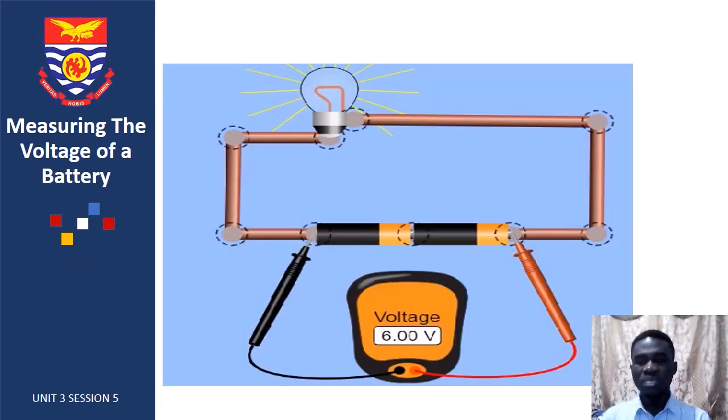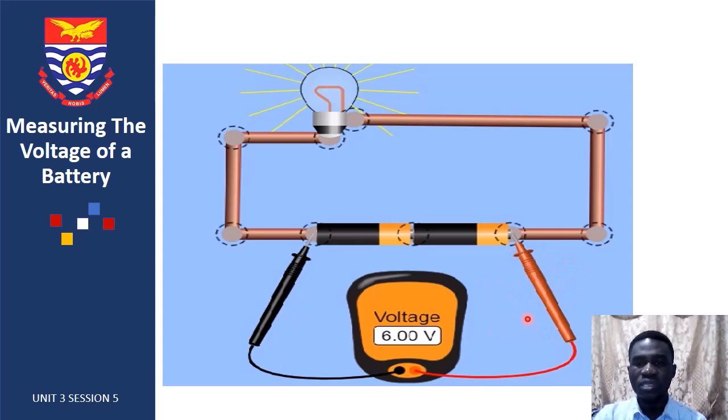And so this simple diagram shows how we connect the voltmeter to measure the voltage drop across a circuit component. Over here, we want to measure the voltage drop across a battery in a circuit. In this arrangement, we wire the leads of the voltmeter or the multimeter.